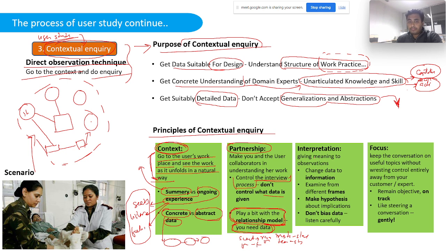The third principle is interpretation. That means give meaning to your observation. What you get as an outcome of a contextual inquiry process is just information, which may be video information. You may be able to capture videos.